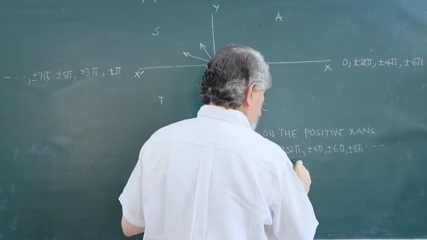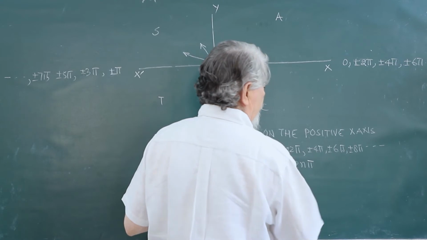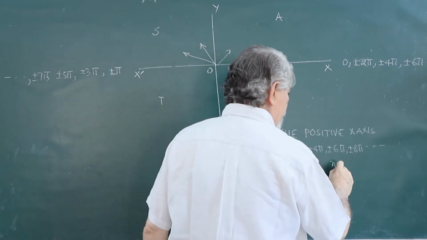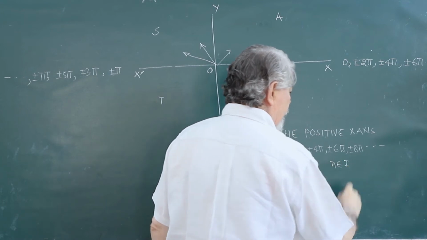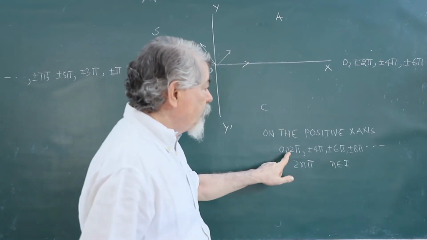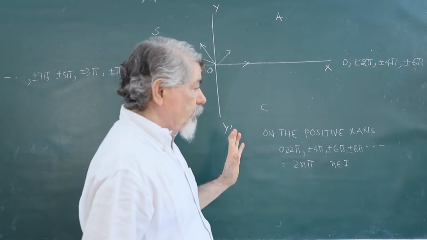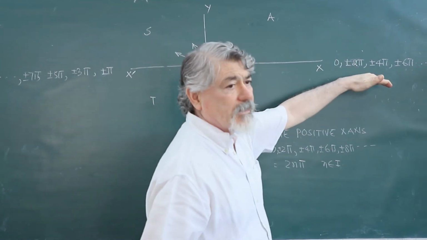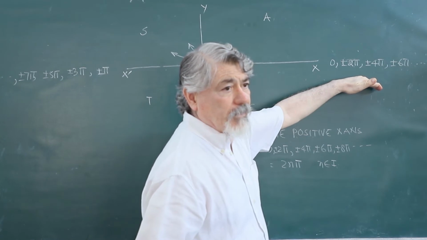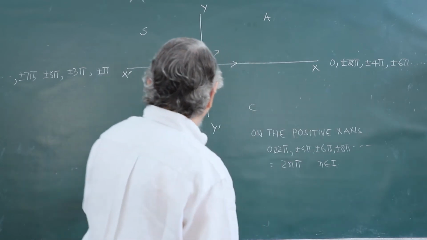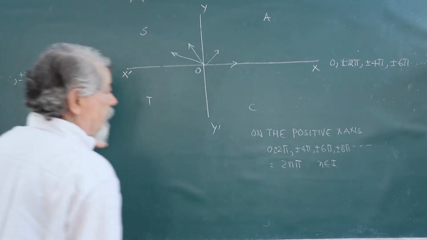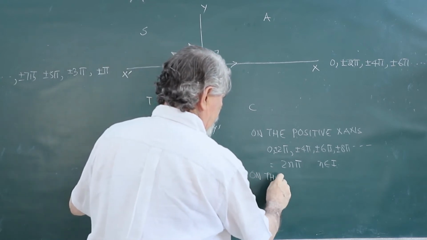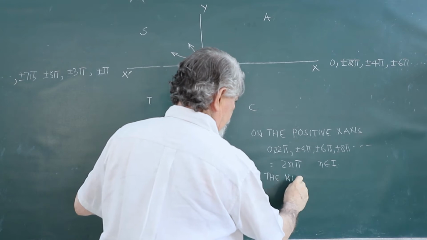That means in general I get 2n pi, where n belongs to the set of integers. That is how you get plus and minus both. So on this side I get plus minus 2n pi.